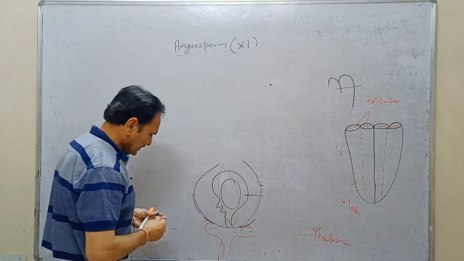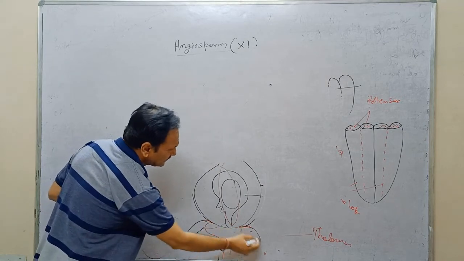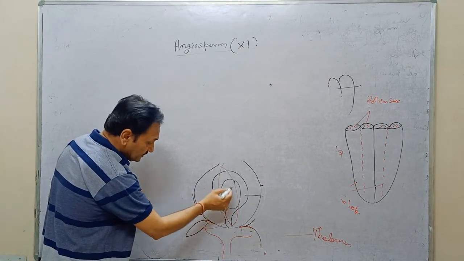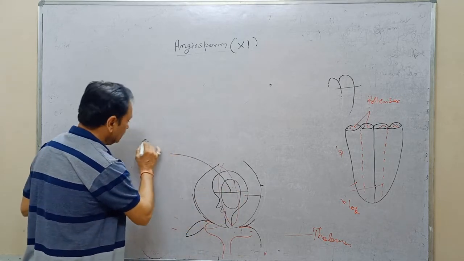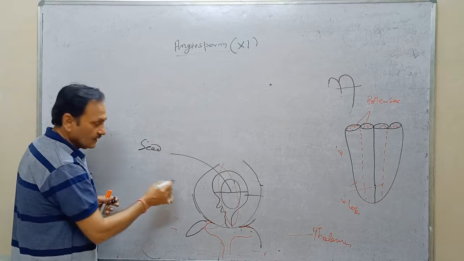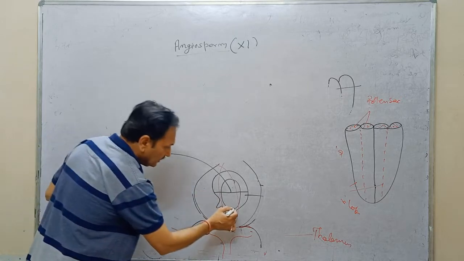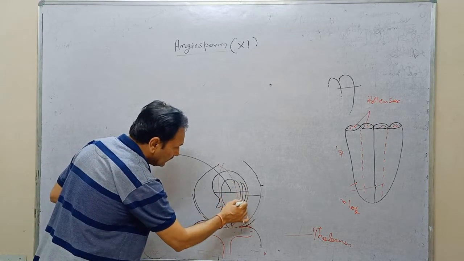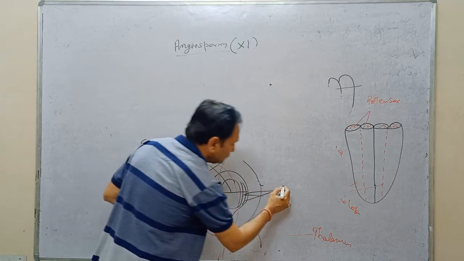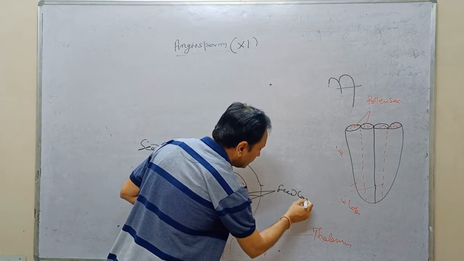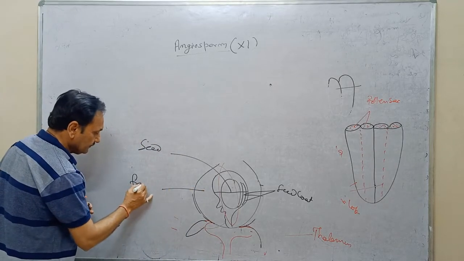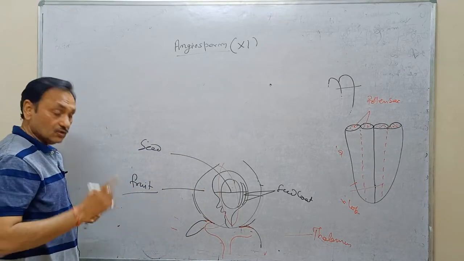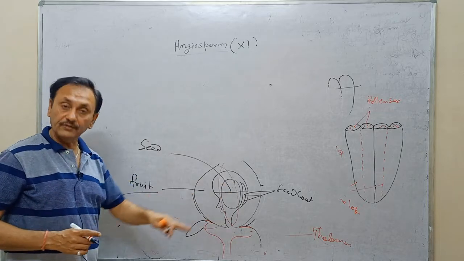In certain cases, it has been observed, this is also present. And this part will form the seed. Here, these two parts are called the seed coat. And this will form the fruit. So we can say that the fruit is the ripened ovary.